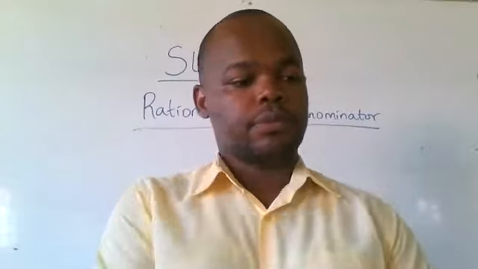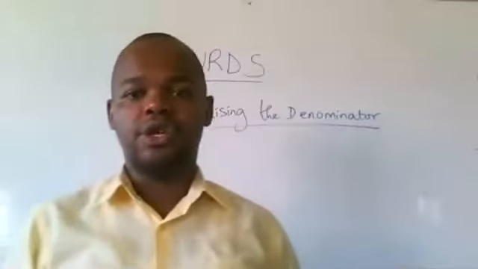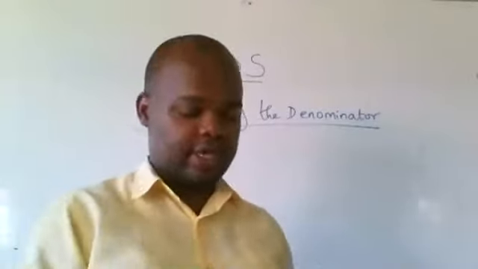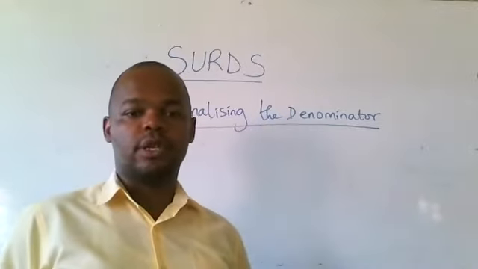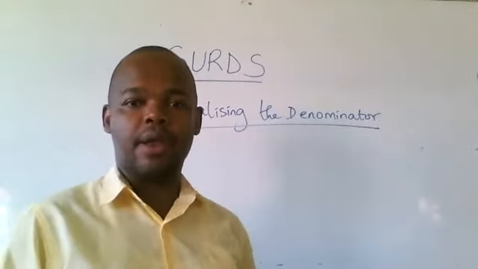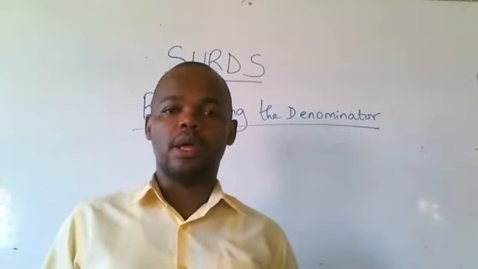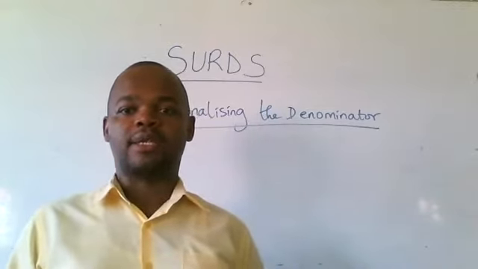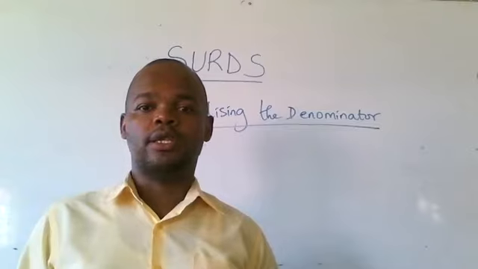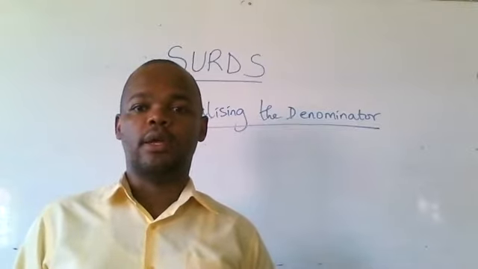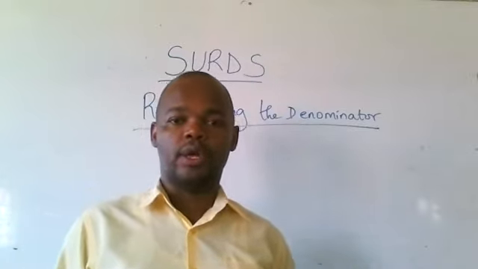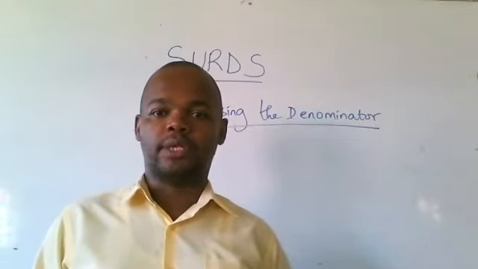So write the following. Rationalizing the denominator is the process of expressing a fraction having a surd in the denominator in such a way that there is no such surd.